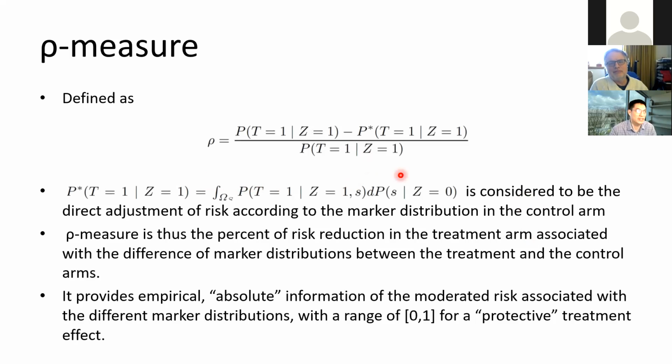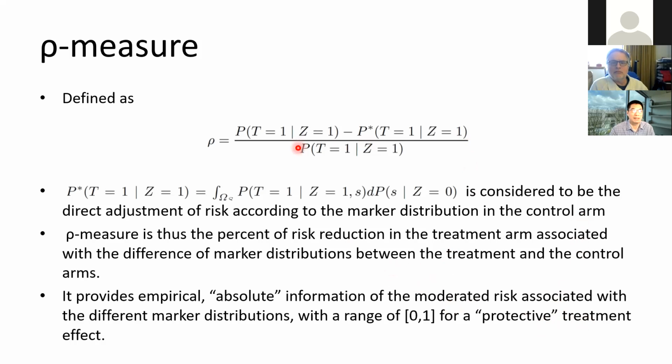So then we move on to say, can we just look at the population attributable fraction counterpart directly? Look at the so-called rho measure. Basically, we take the difference of the observed and expected, but over the absolute risk in the intervention arm. So then it just becomes the attributable fraction. It provides empirical absolute information of the moderated risk associated with the different marker distributions, with a range of 0 to 1 for protective treatment effect.